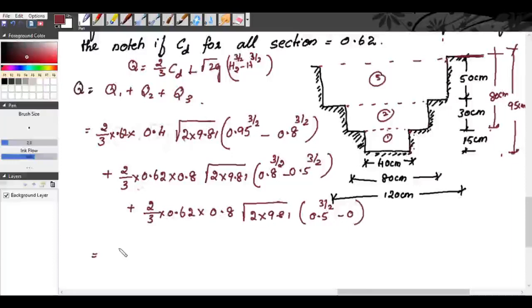Here the length is not 0.12, it is 120 centimeters, so 1.2.